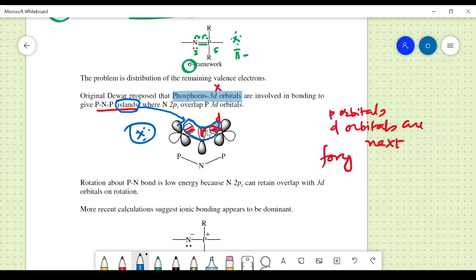And this is the PZ. PZ overlaps with 3d orbitals. So this is the PZ orbital here, this one. This one is PZ orbital, and you can see that this is on d orbital and this is another d orbital. There is an overlapping of this PZ on this side and this side.